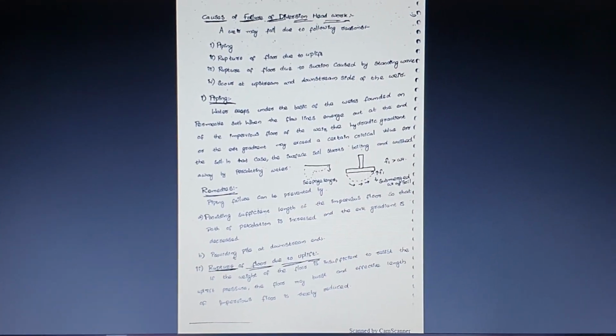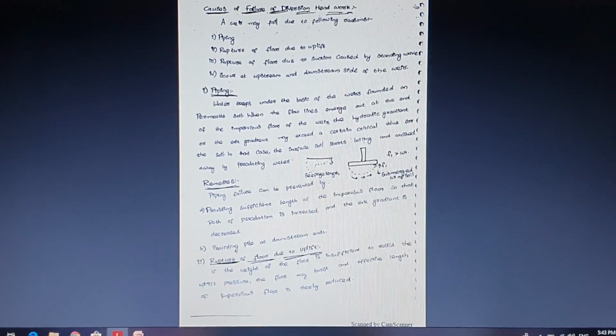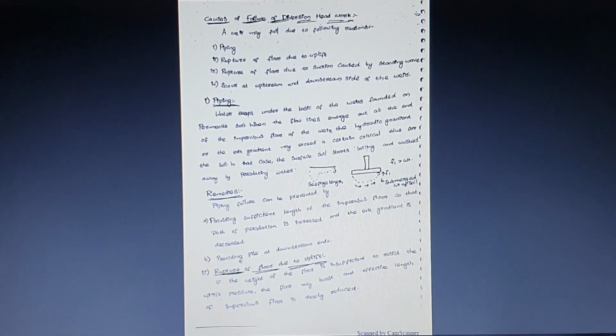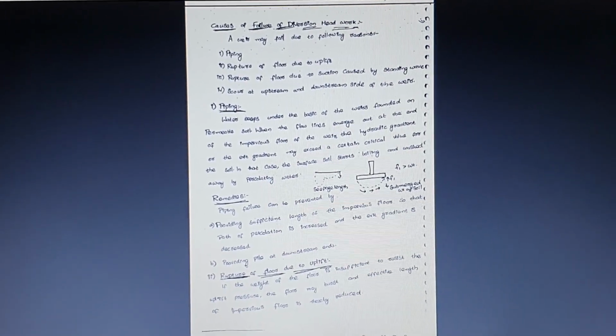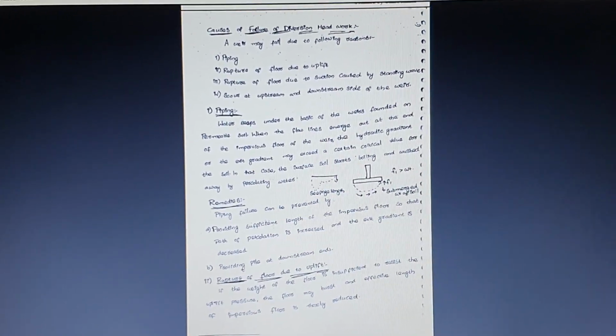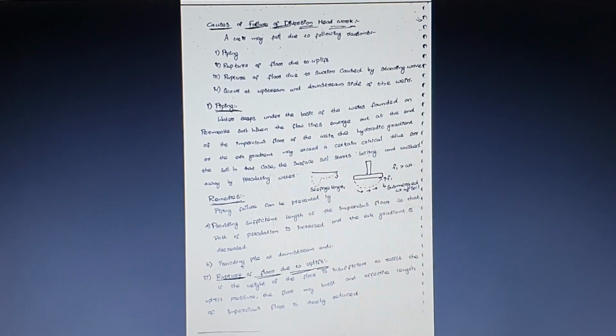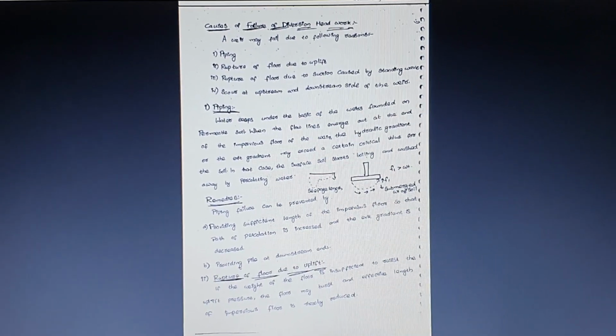Now the second type of failure is the rupture of floor due to uplift. Whenever the weight of the floor is insufficient to resist the uplift pressure, this type of failure occurs. We construct the aprons or the floor beneath the surface of the diversion head work.